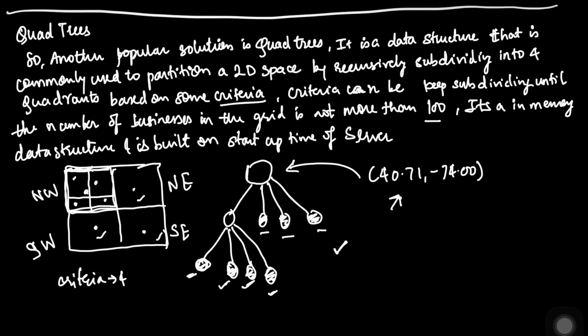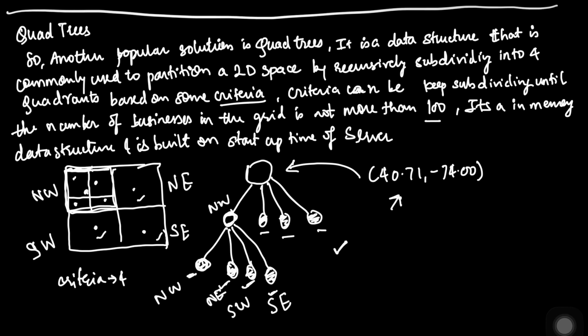Let's say it lies within NW. We go to this node and ask if it is a leaf node, and it says it is not, and it redirects us to its four children, whose names would again be NW, NE, SW, and SE.